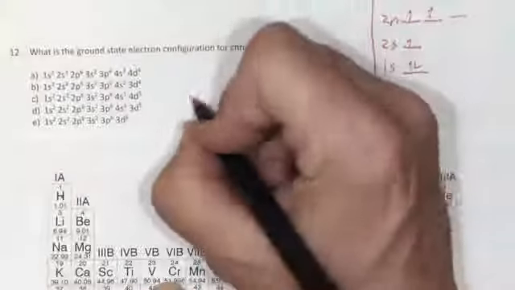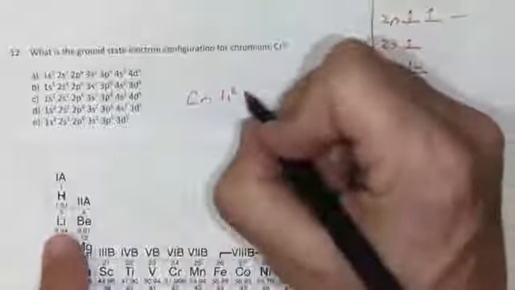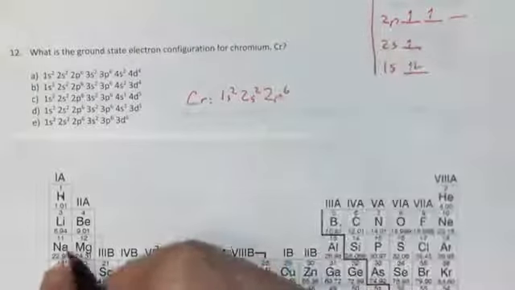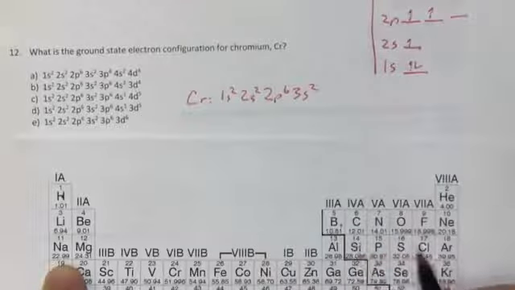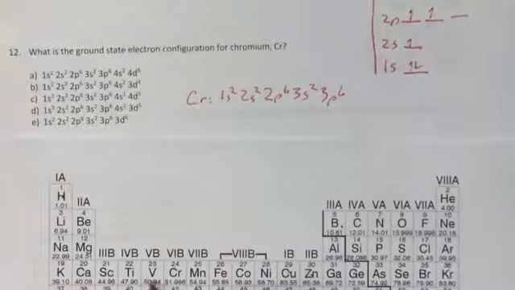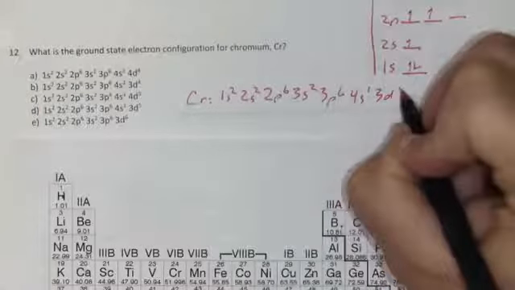So for chromium, it's going to be 1s2, 2s2, 2p6. Now we come to the next period, 3s2, 3p6. Now we expect 4s2, 3d4, but because it wants a half-filled subshell, this will be 4s1, 3d5.